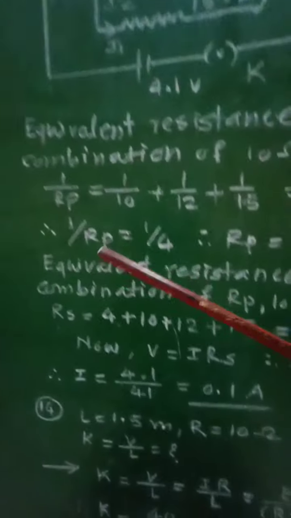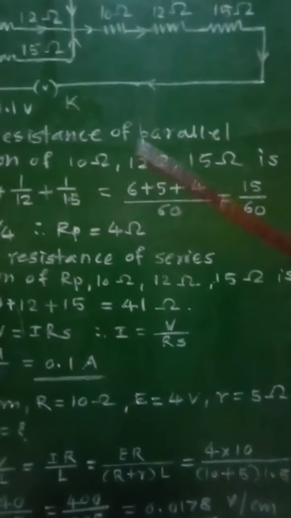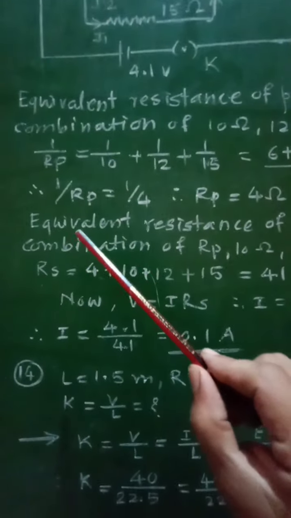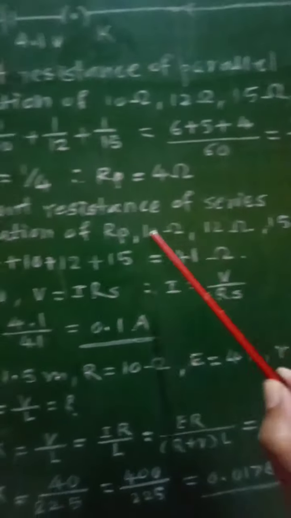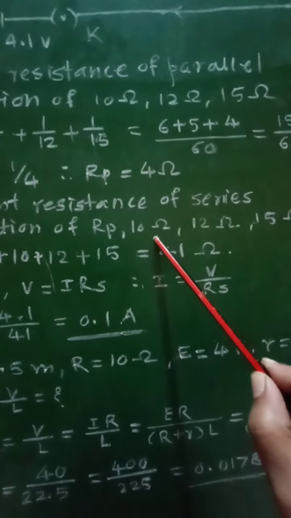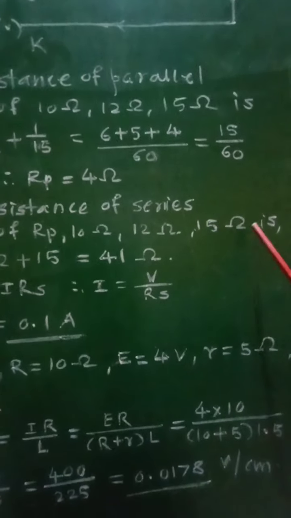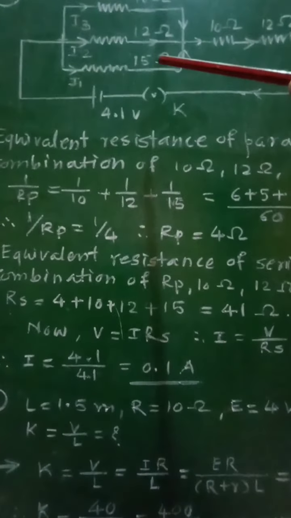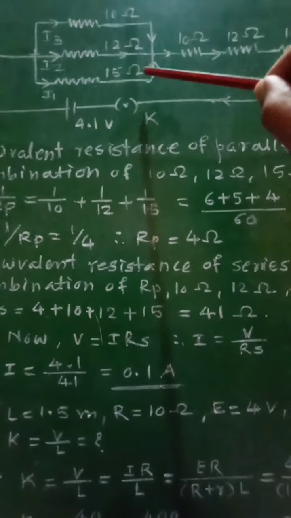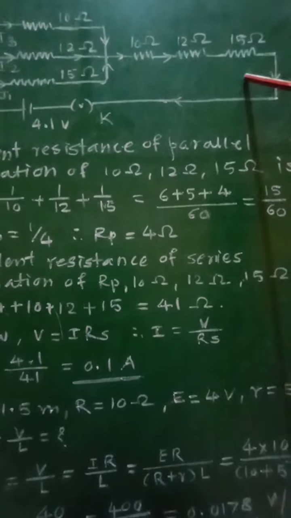Then the equivalent resistance of this series combination, that is for these resistances which are connected in series: Rp, then 10 ohm, 12 ohm and 15 ohm resistances. So these three resistances are connected in parallel and then it is connected in series with series combination of these three resistances.